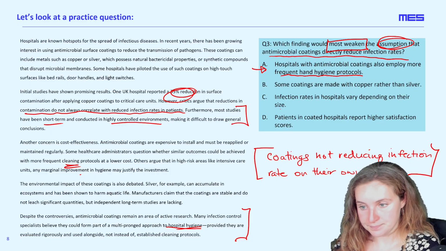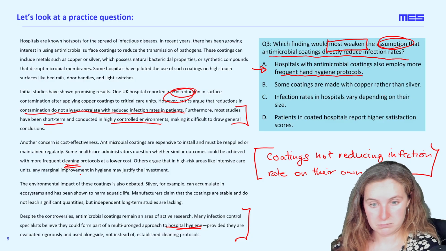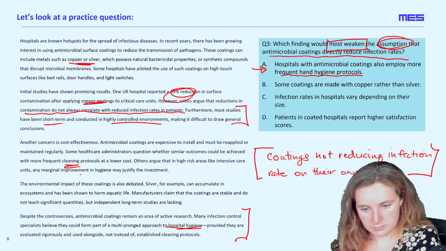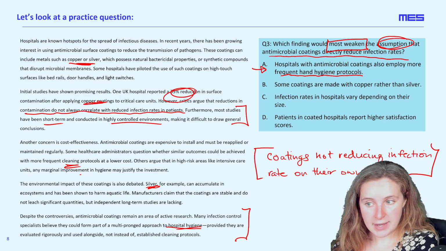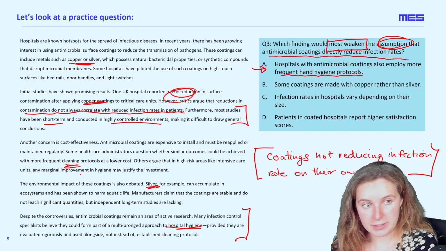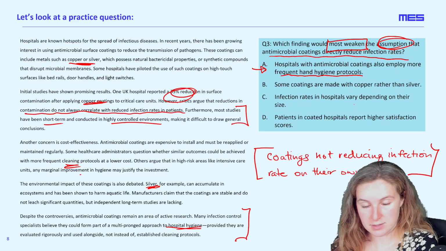Let's keep going. Some coatings are made with copper rather than silver. It seems like we know this is true, right? Some are made with copper, some are made with silver. So that seems true. Does that help? This is a pitfall here, right? That seems true based on the passage, but does that most weaken the assumption that the coatings directly reduce infection rates?